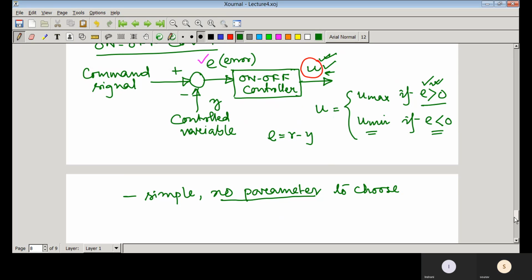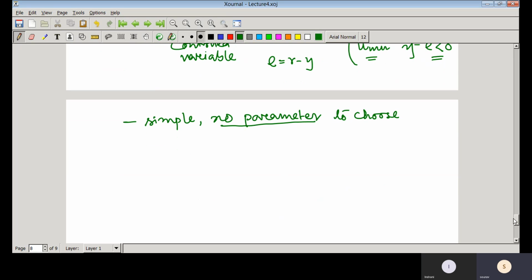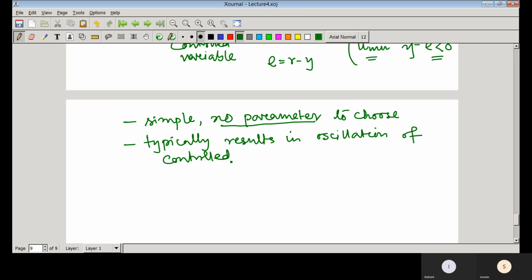It has some disadvantages as well. One disadvantage is that it typically results in oscillation of the controlled variable. This is obvious.